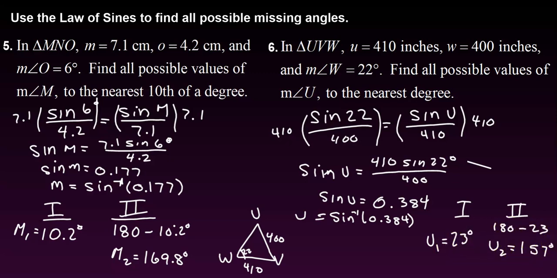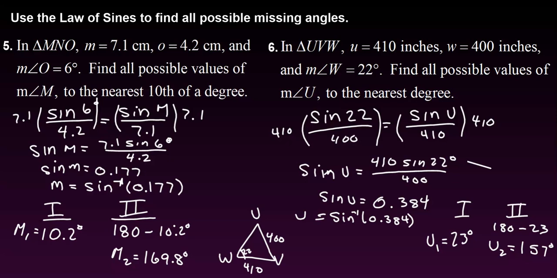Hopefully you drew yourself a little picture. We have sine of 22 over 400 equals sine of u over 410. We can multiply both sides by 410 to get sine of u by itself. We can stick 410 sine 22 over 400 in our calculator and get 0.384.